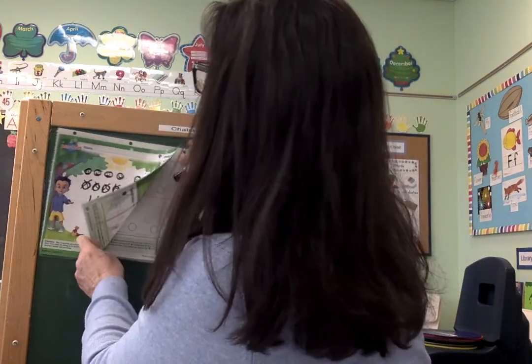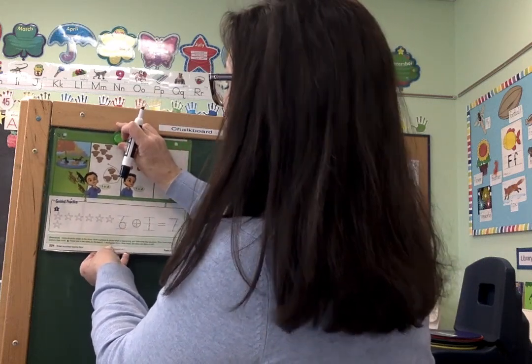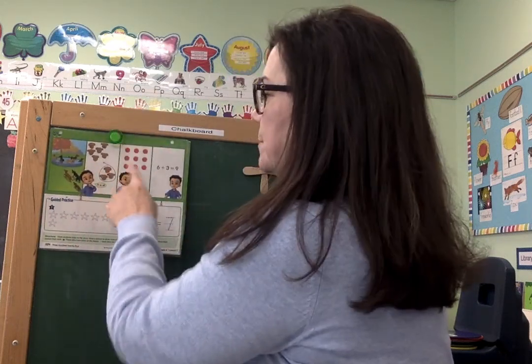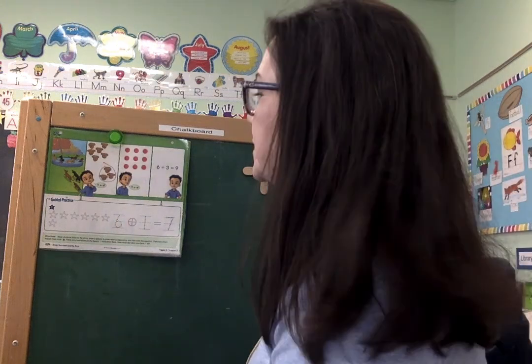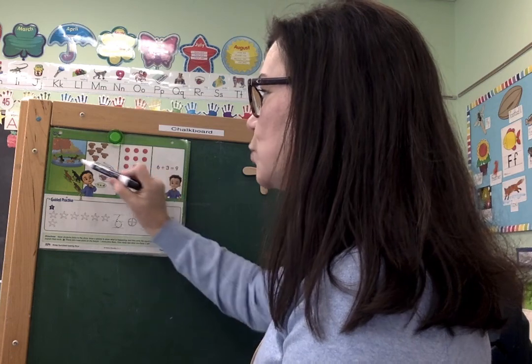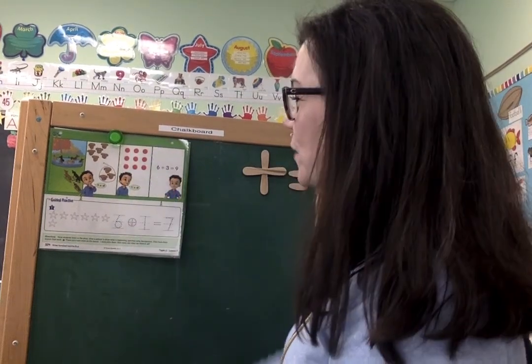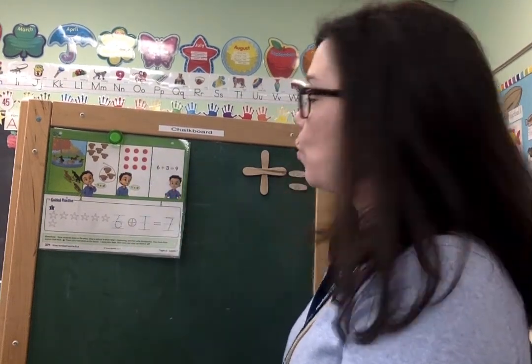All right, now we're going to flip over. And at the top, you're seeing the same equation done with dogs. And it's just showing that there were 6 dogs, 3 more joined the pool, and now there are 9. So you see that illustrated with dog faces. Then you see it done with counters and then the equation.